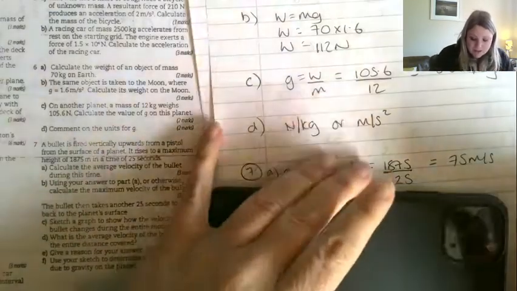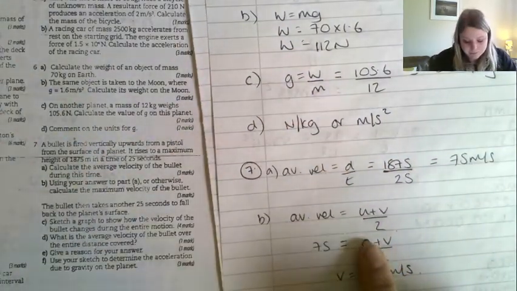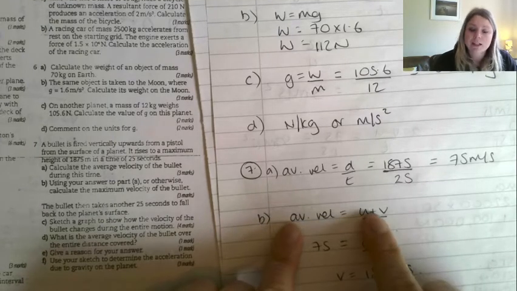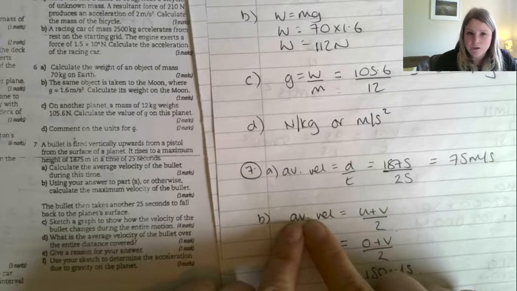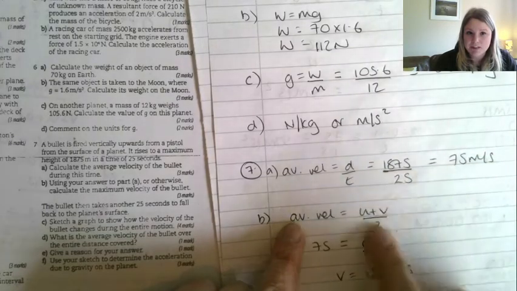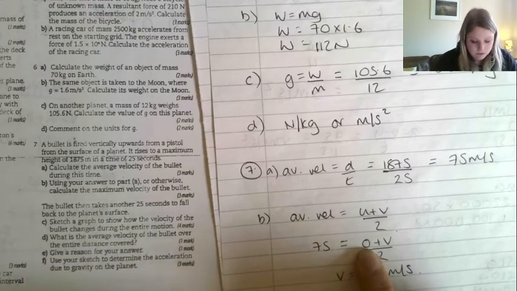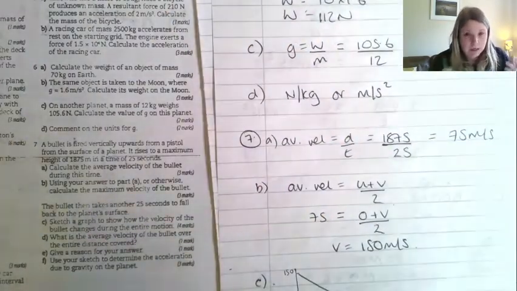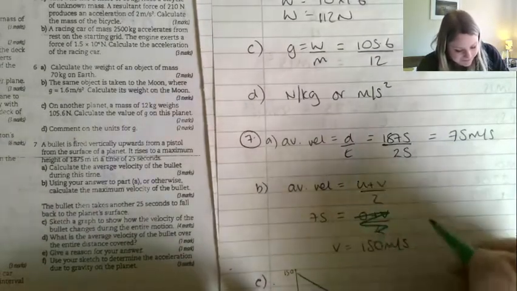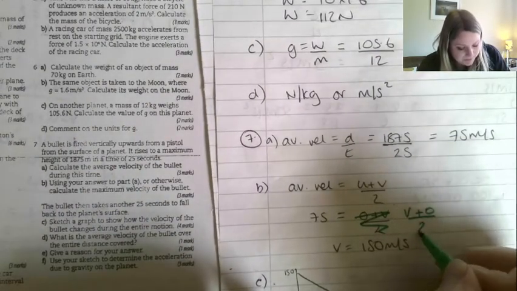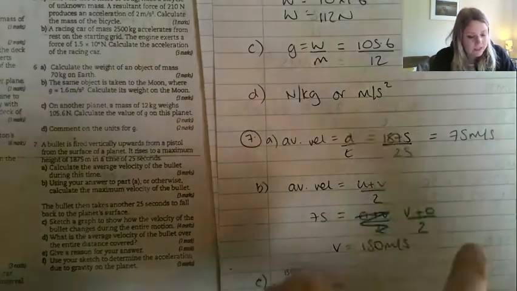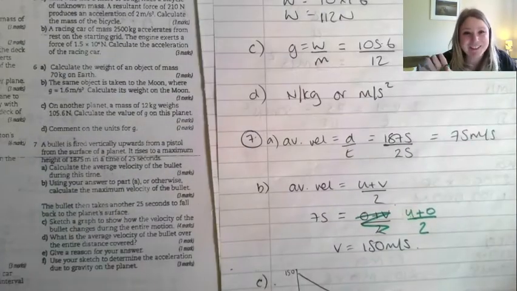Do you remember that? So that's the way I've done it here. I've said the average velocity of this bullet is its starting velocity plus its final velocity divided by 2. So we know the average velocity is 75. Oh look, I've put those the wrong way around. Sorry, I got all confused there.